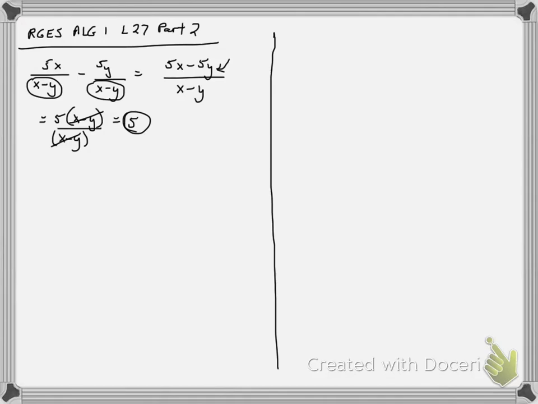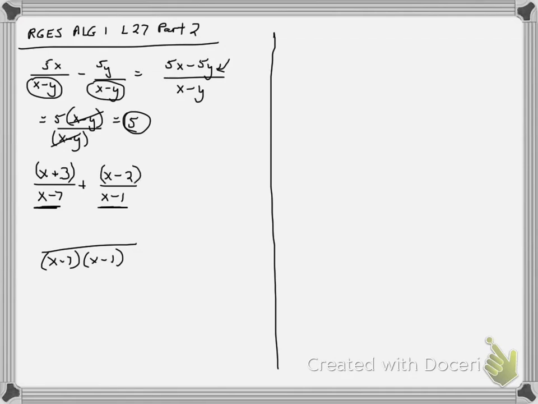Let's look at another example. I must have a common denominator. Right now I only have this and this. They share nothing in common, so I'll take this denominator. The common denominator will be the binomial x minus 7 times the binomial x minus 1. For my first fraction, I need to view this as a grouping.